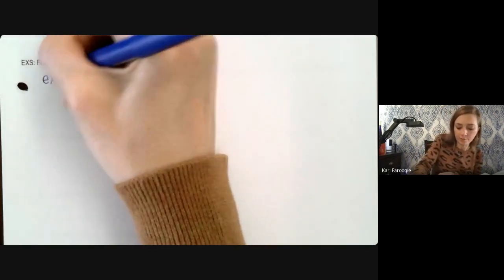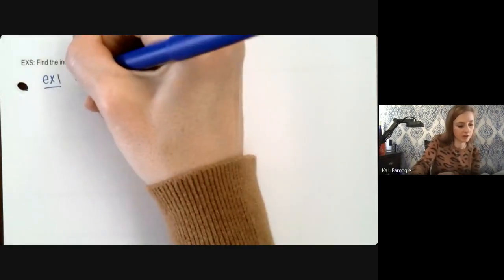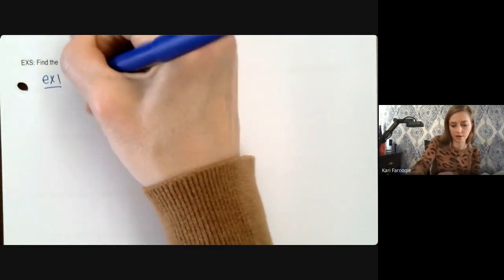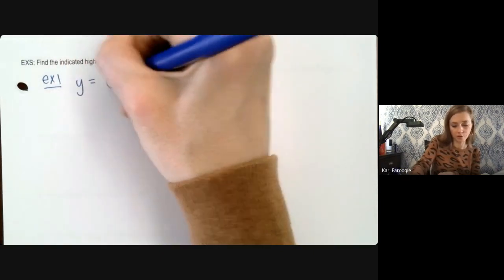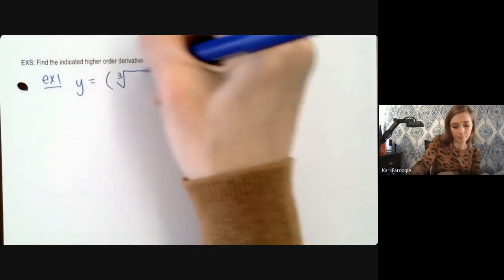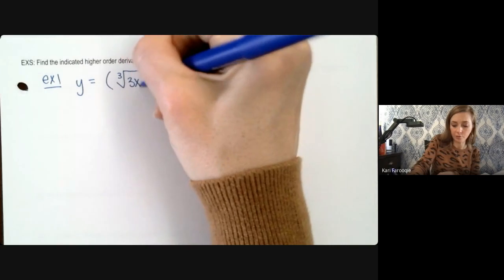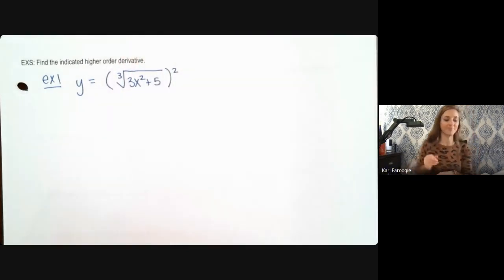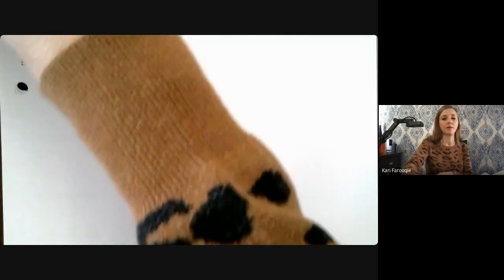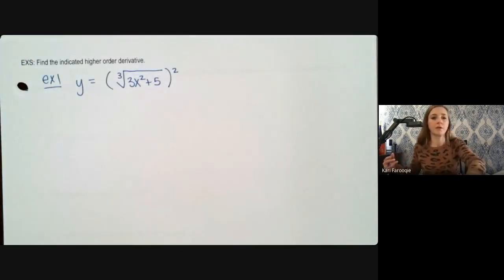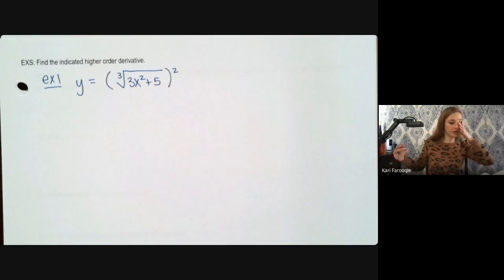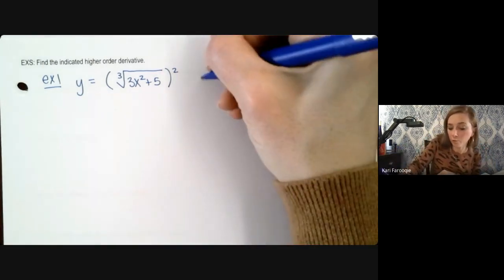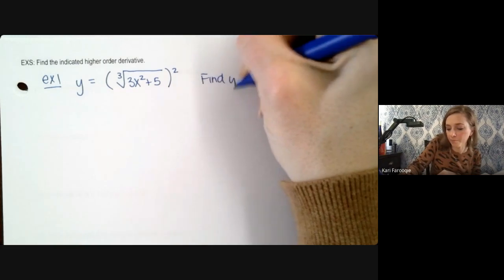Example 1. So this is, we'll call it y equals the cube root of (3x squared plus 5) squared. And we're going to find, in this case, f double prime of x, or find y double prime.